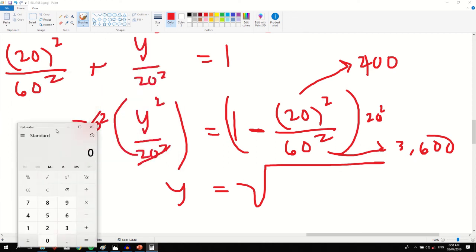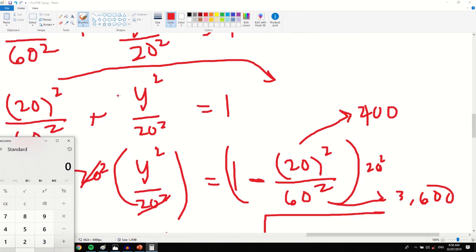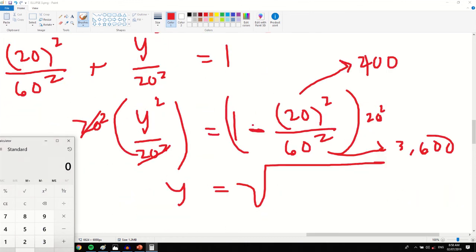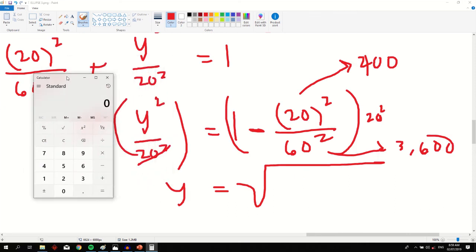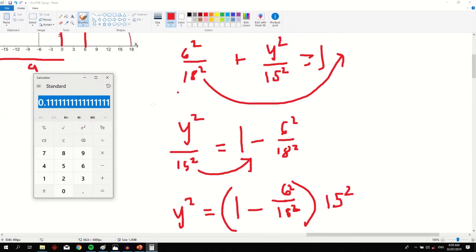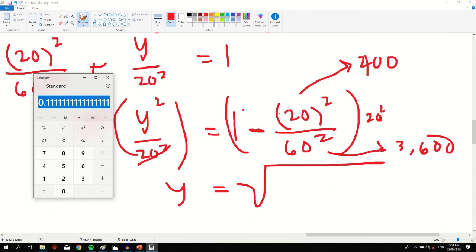So wait, do we get something wrong here? No. So suppose it was okay there. So 400 divided by 3600 is equals to, hey, how did we get this answer? Because we have this in the previous example, right? It's still 0.1111. Maybe there's something in there.